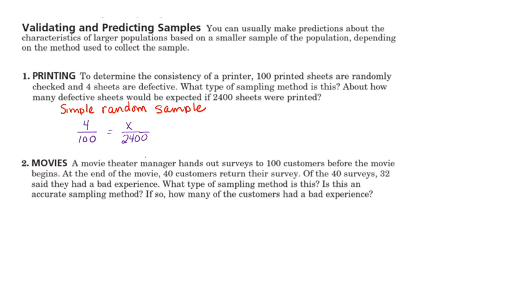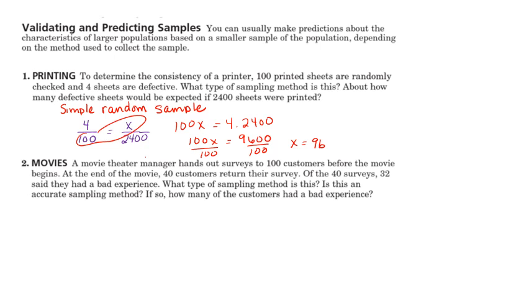I'm going to cross multiply, if you remember how. 100 times x equals 4 times 2,400, so 100x equals 9,600, and then I divide by 100. When I divide, I get 96.